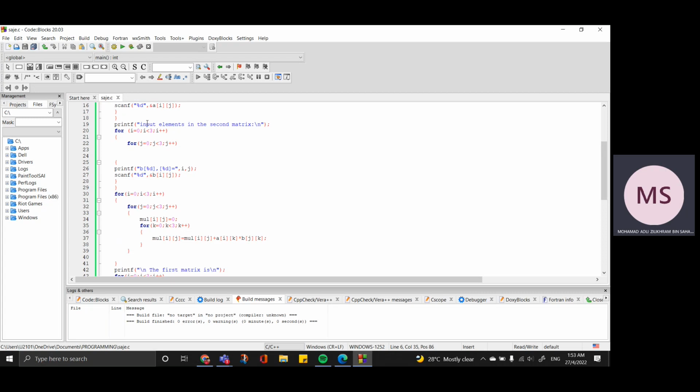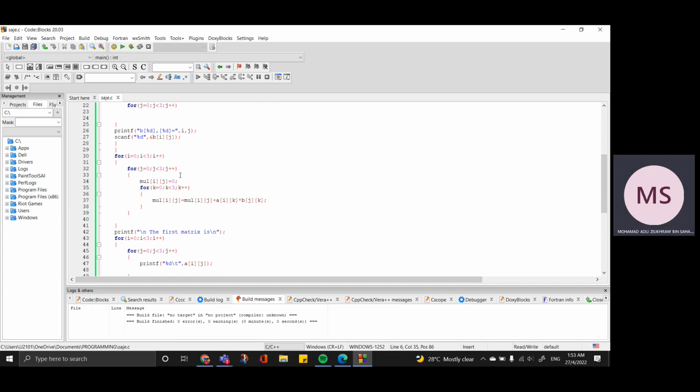Sometimes people make a mistake here, they put a, and then the code cannot read it and gives a false value. Okay, that's done for the second matrix.